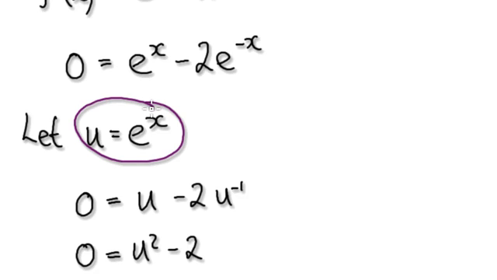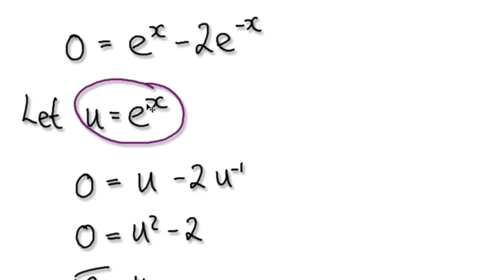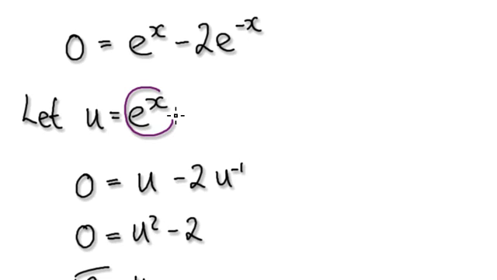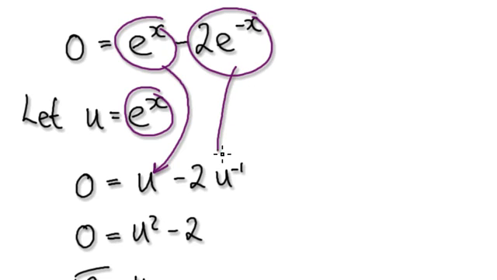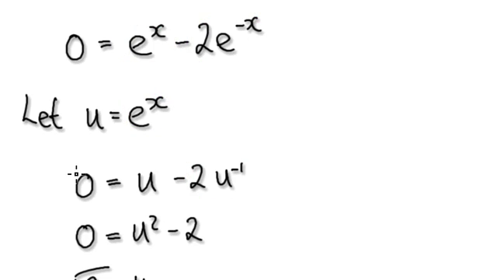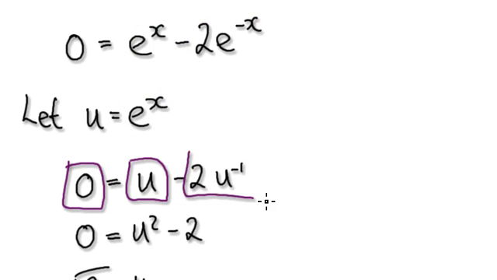If you let u equal this thing here, then this thing here will become u, and this thing here will become this thing here. Now you've got this block equals this block, take away this block, and times everything by u.